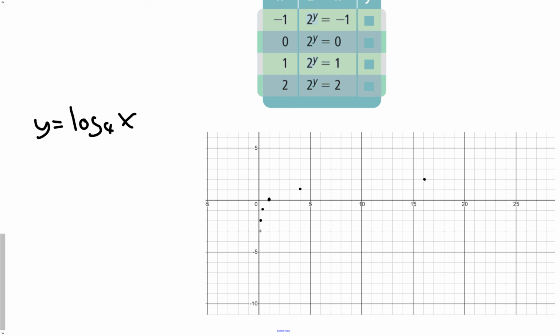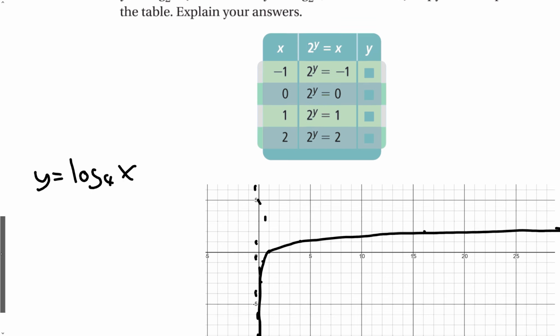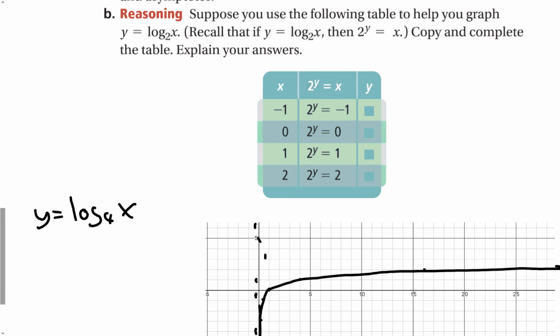A 16th, a 64th, and same pattern. Okay, and there's my graph. A vertical asymptote, a line that the graph does not cross, but gets very, very close to, on the y-axis.